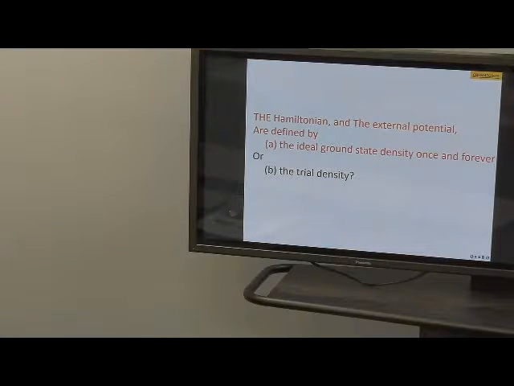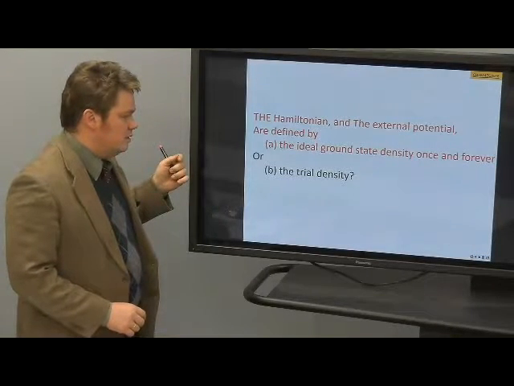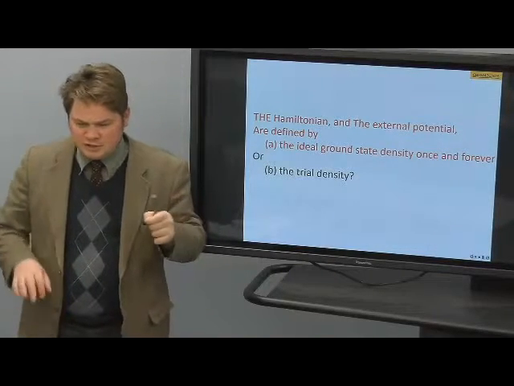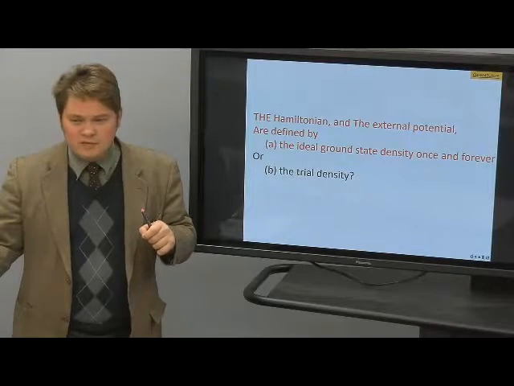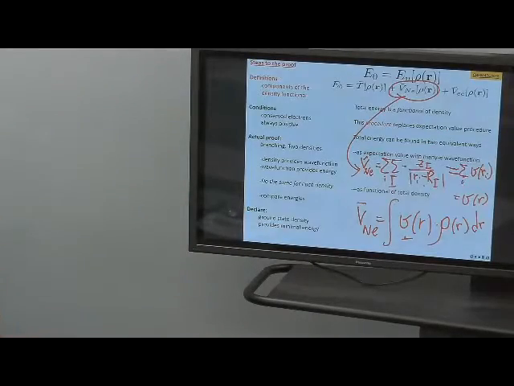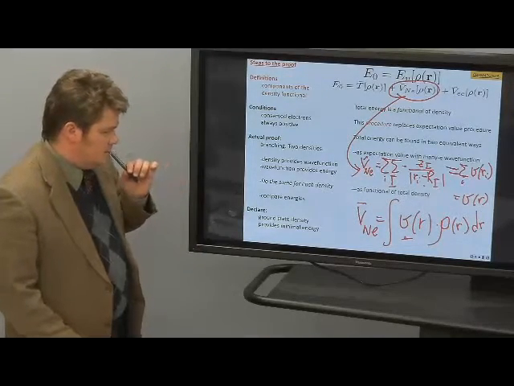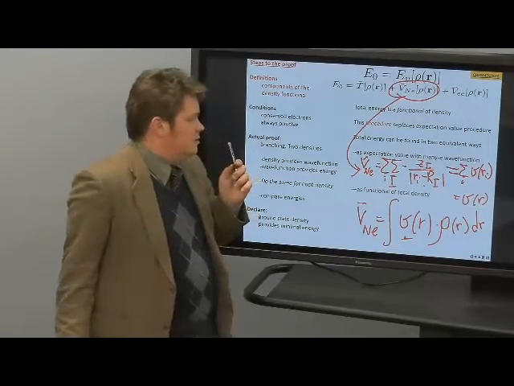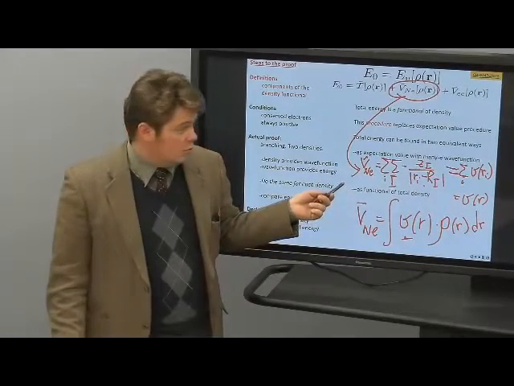And in this proof, in the theorem, we can use the fact that the external potential that we will be dealing with later is the one that comes out from the ideal density. Here is a little bit more on the notation that we went over last time, but we can go over it once again.